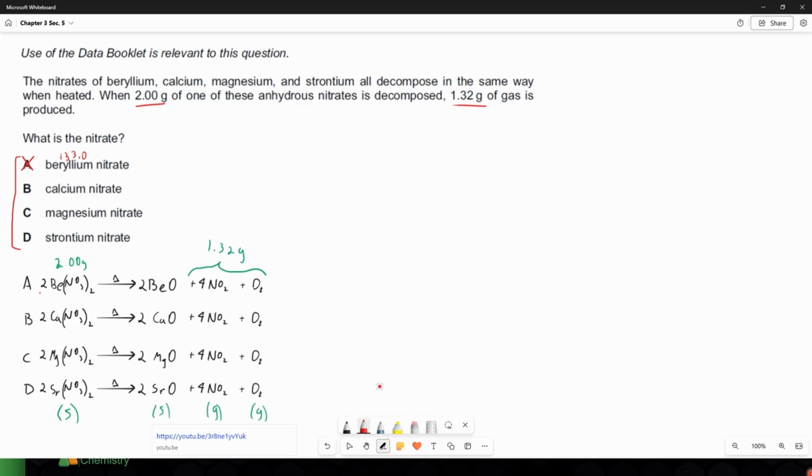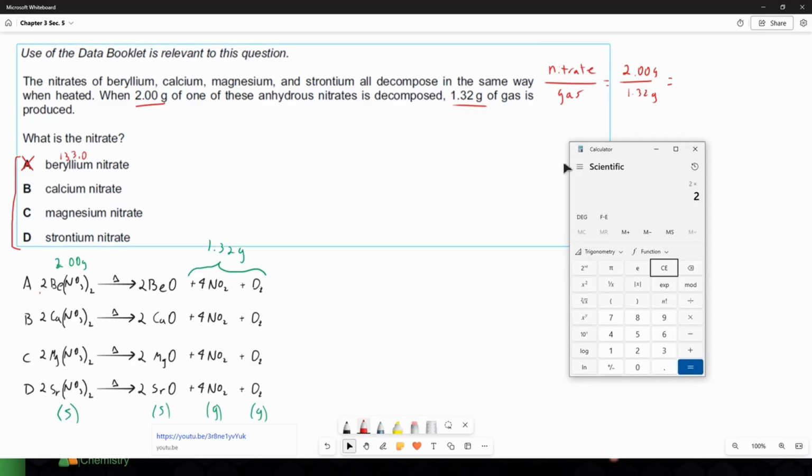That means that if we do nitrate divided by gas in mass, that should give us a ratio of 2.00 divided by 1.32. I'm going to bring over my calculator: 2 divided by 1.32.